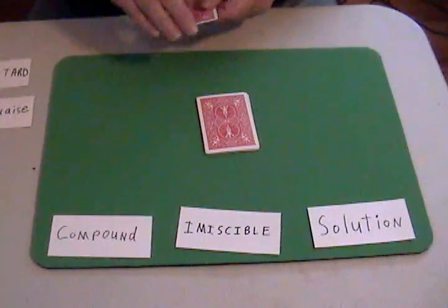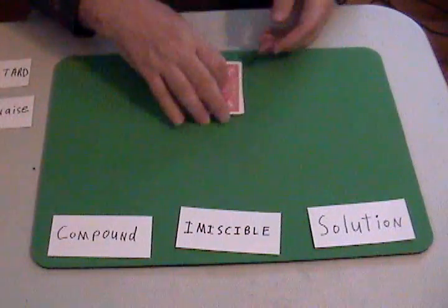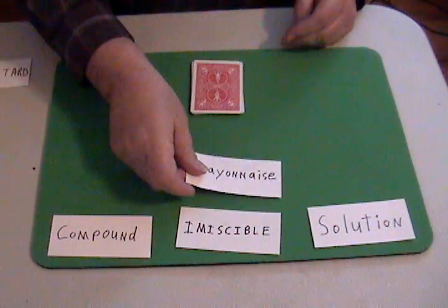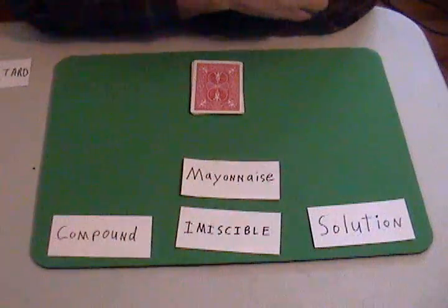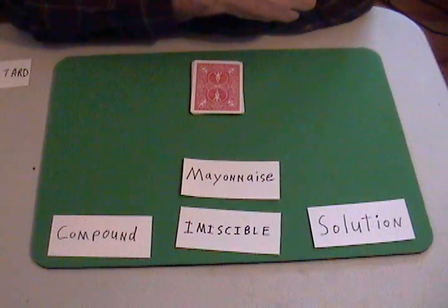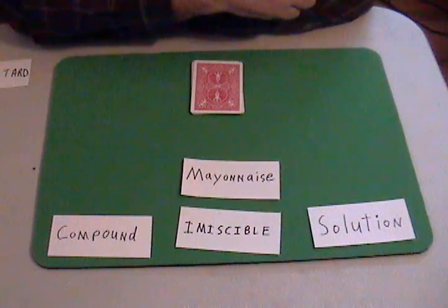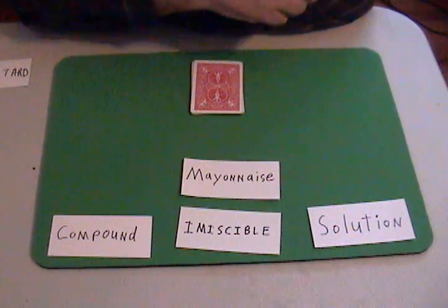Once again, they separate. But what if I wanted to make them stay together? What if I was going to make, say, mayonnaise? Now, mayonnaise is a mixture of vegetable oil, canola oil, olive oil, and the watery part of the egg. Those two should stay separate, but they don't.